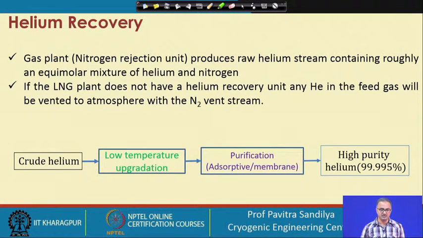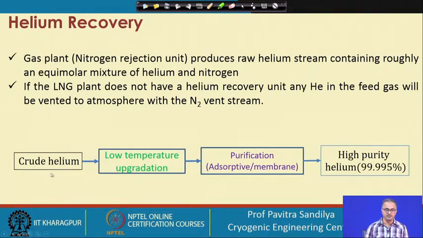Now for helium recovery, this is generally done from the nitrogen rejection unit. The gas we obtain from that is raw helium, containing almost an equimolar mixture of helium and nitrogen. If the LNG plant does not have any helium recovery system, then we have to purge out the helium along with the nitrogen vent stream.